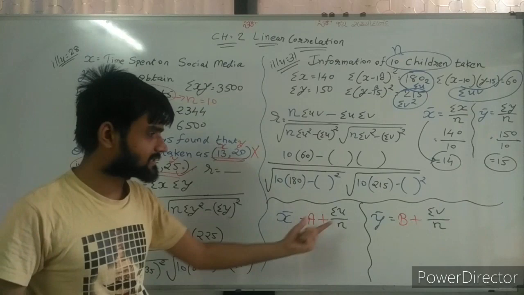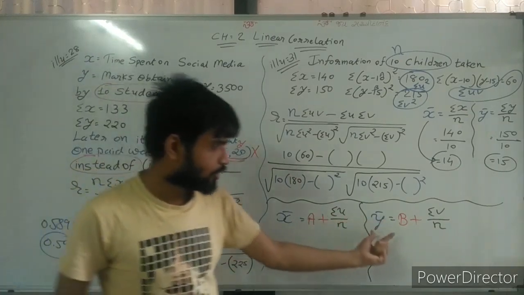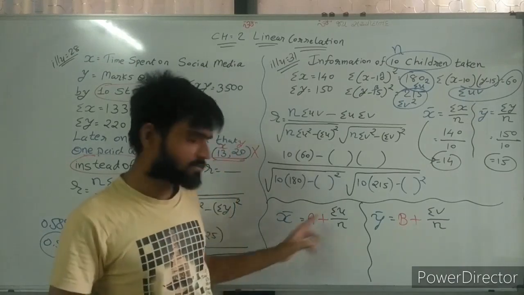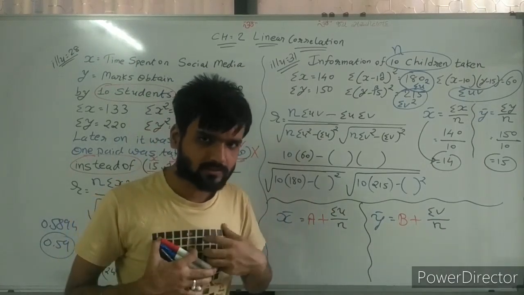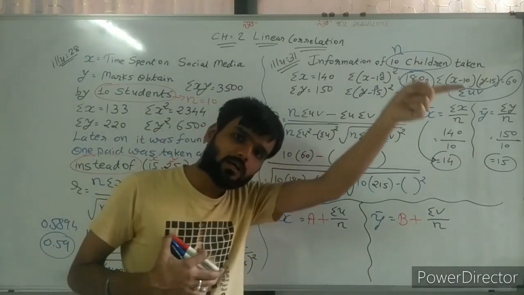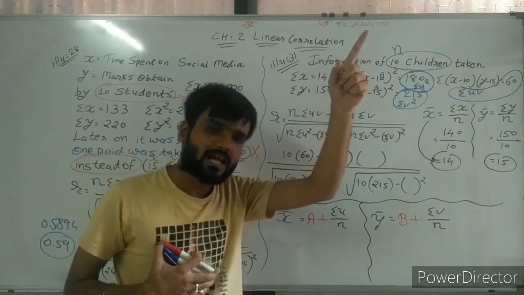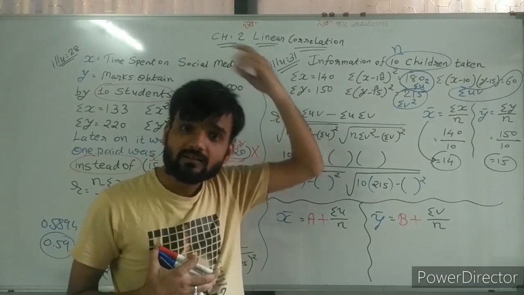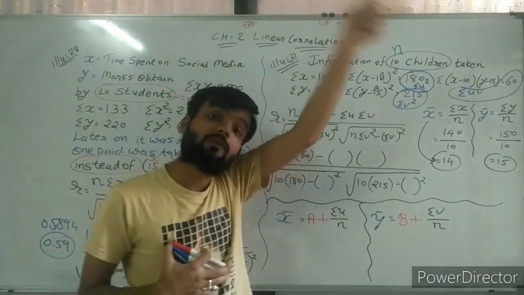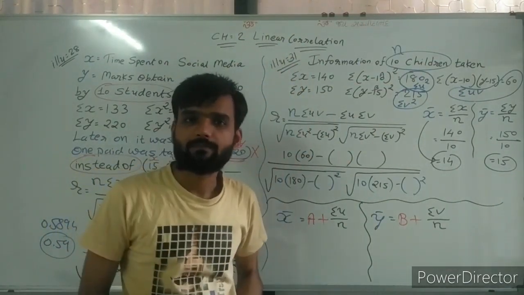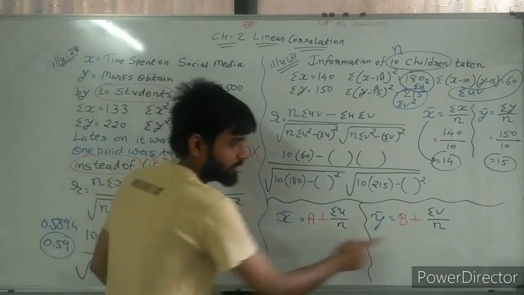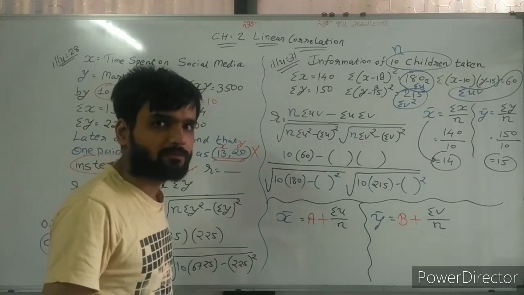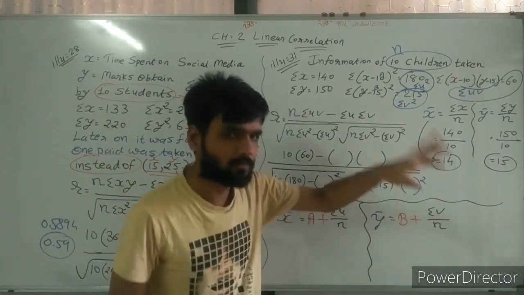On the basis of x bar, we can find sigma u. On the basis of y bar, we can find sigma v. So x bar and y bar are very useful to us. Remember in the 11th standard, whenever we assume these things and find r, we find x bar and y bar by a shortcut method. That shortcut method's formula is this, and on that basis we can find sigma u and sigma v here.